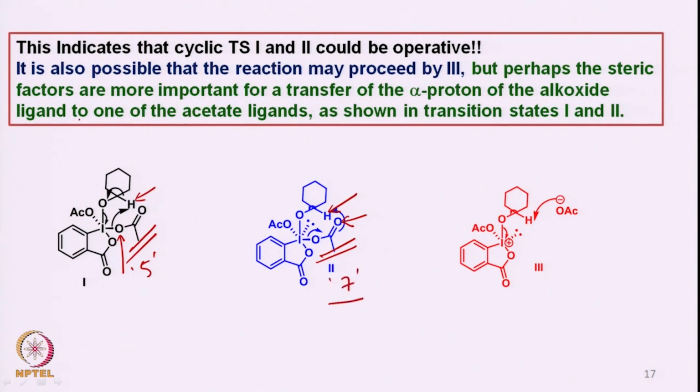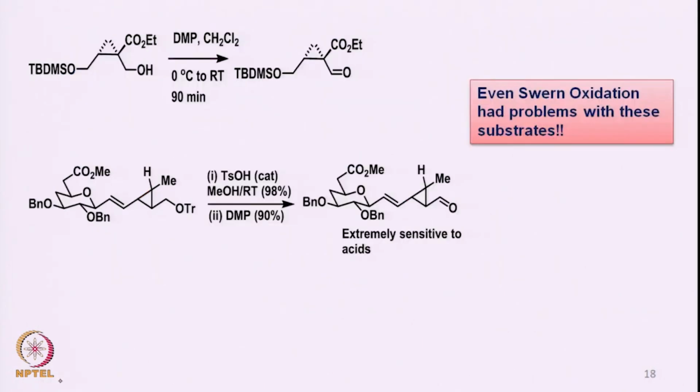This is exactly what they are saying here: alpha proton of the alkoxide ligand to one of the acetate ligands as shown in transition states 1 and 2. And because of the experiments that suggest that sterically hindered cholesterol reacts slowly compared to the non-sterically hindered alcohol such as cyclohexanol, these cyclic transition states involving intramolecular hydrogen bonding are introduced.